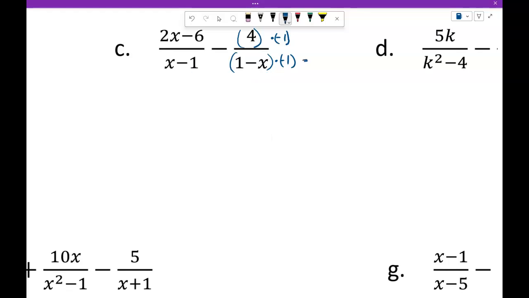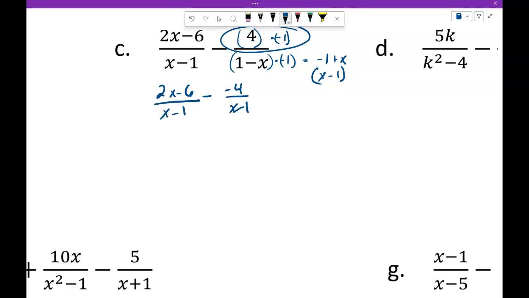Because this denominator ends up being a negative 1 plus x, and using our commutative property leaves us with the same denominator of x minus 1. And then the only other thing that's going to change is our numerator will move from positive to negative. So we'll have 2x minus 6 minus negative 4 over x minus 1 and x minus 1.